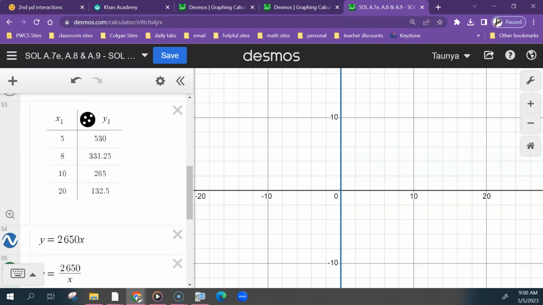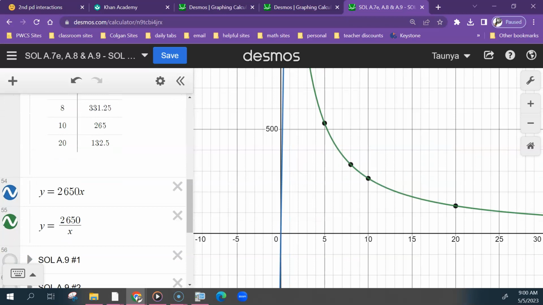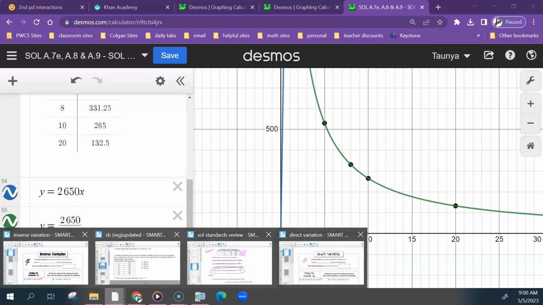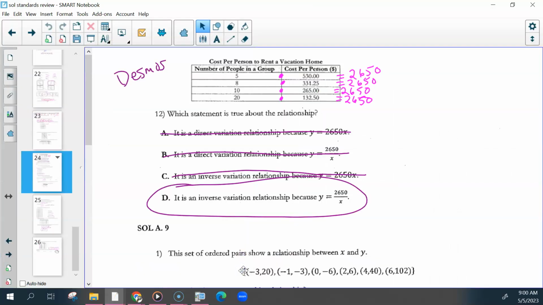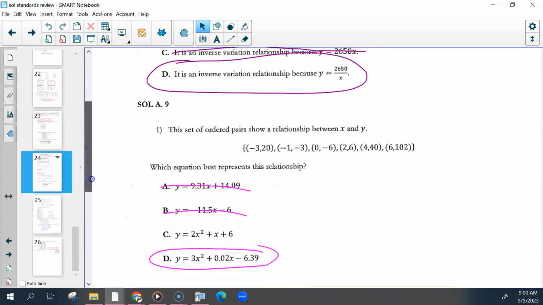So I plotted the points, and I graphed the 2 functions that were in the answers. One of them is going to match it. You have to know which one that is and what it looks like. So your answer for that one would be D, because it's that curve and it has the correct equation. A lot of the direct and inverse, when checking it, you can use Desmos to find.